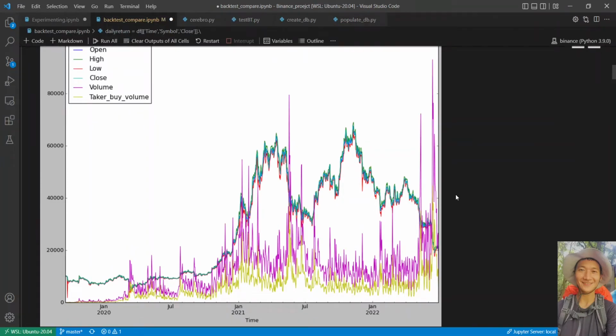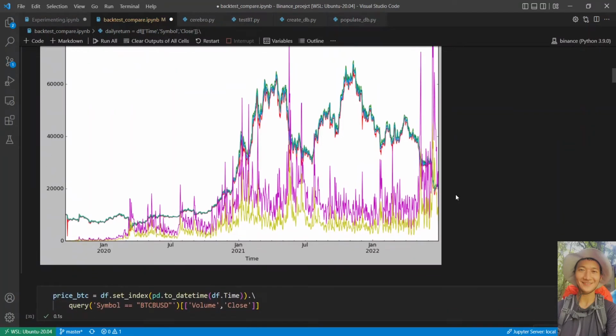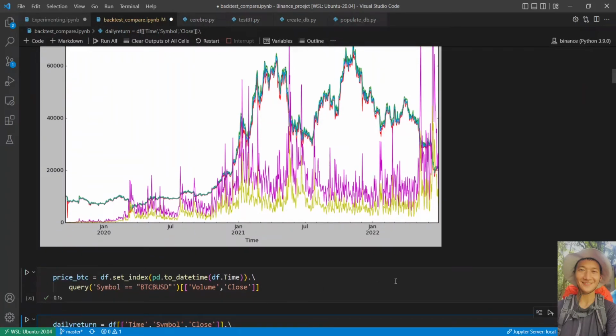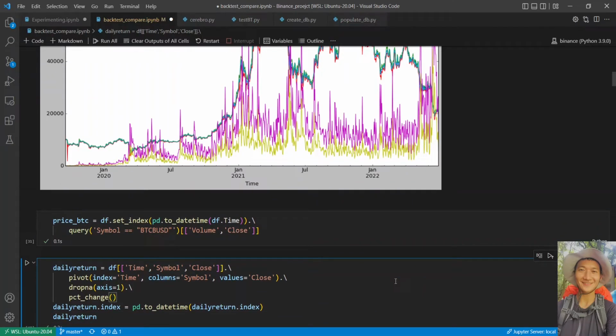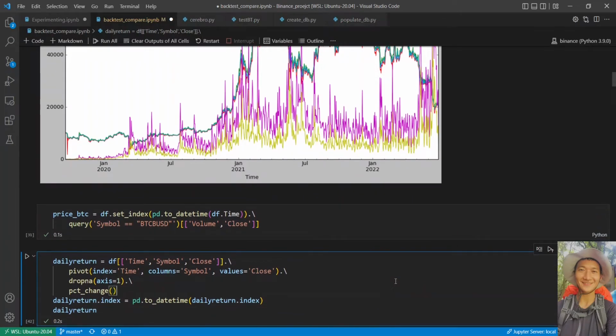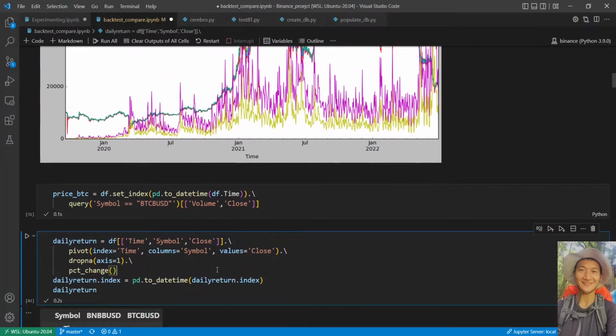After overviewing BTC's price, I will store it into a price BTC variable. Then I am also interested in its daily return. In order to achieve that, I will create a pivot table where the index is the time variable, the columns are symbol, and the values are close.